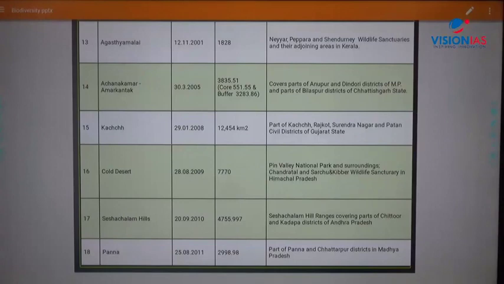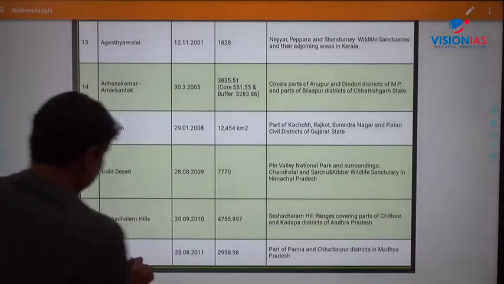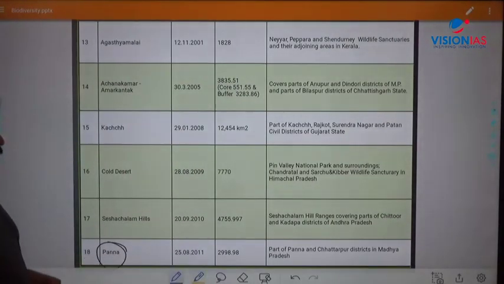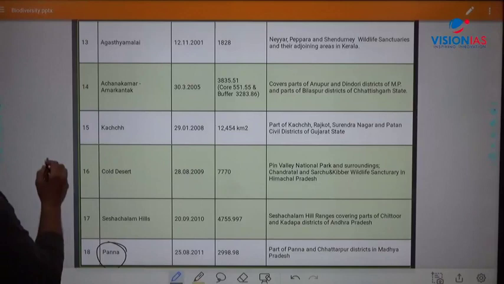Since this is the latest announcement, this can be a question for you in the preliminary exam. And what is the other news regarding the Panna Biosphere Reserve? The other thing regarding Panna is, see, this is the Panna Biosphere Reserve. What is the important current development regarding it?